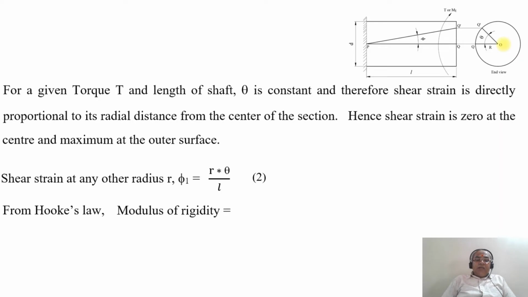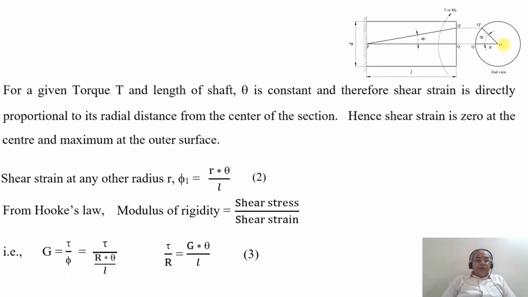From Hooke's law, modulus of rigidity will be equal to shear stress by shear strain, which is G equal to shear stress tau by shear strain phi. So tau by, what is shear strain? Capital R into theta by L. Therefore, you are going to get tau by R will be equal to G into theta by L. You can cross multiply this: G into capital R into theta by L will be equal to tau.